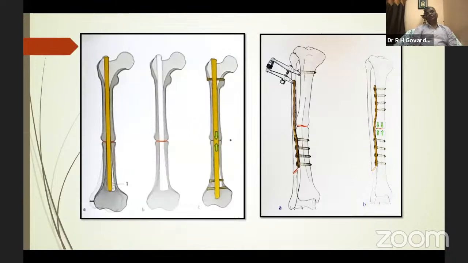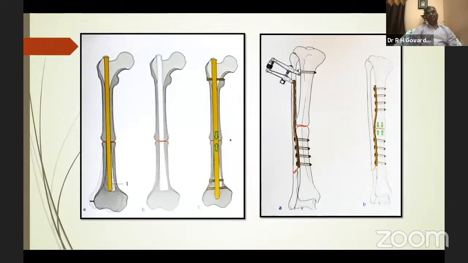These are two situations which I have taken from the AO manual, where the femur has been nailed without any interlocking, like a Küntscher nail. The bone is in good alignment but has not healed and has caused a hypertrophic non-union.